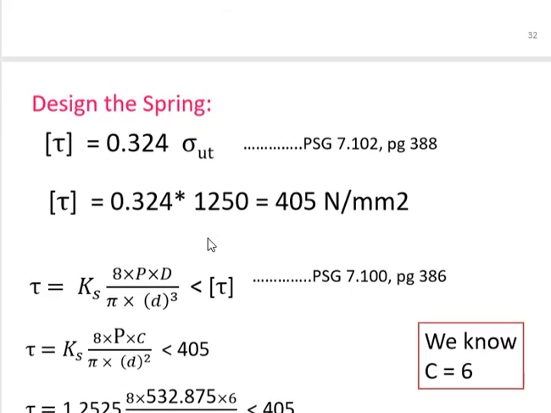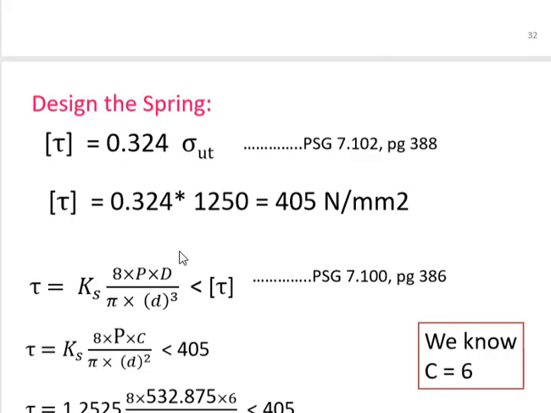Now it depends upon the cycles that the spring needs to undergo. Selecting medium cycle, from PSG page number 7.102, we can take it as 0.325 sigma ut. Here, to find out the allowable shear stress, we can consider the stress cycles are between 10 raised to 4 to 10 raised to 6.